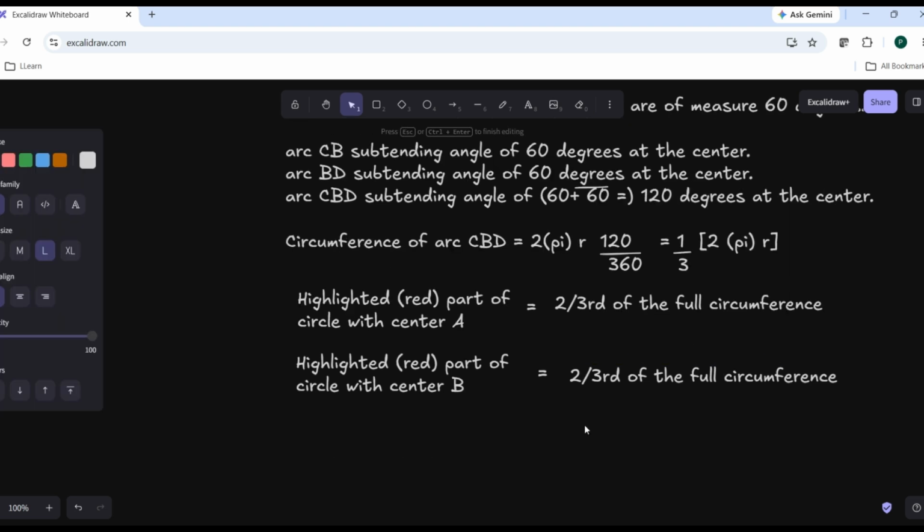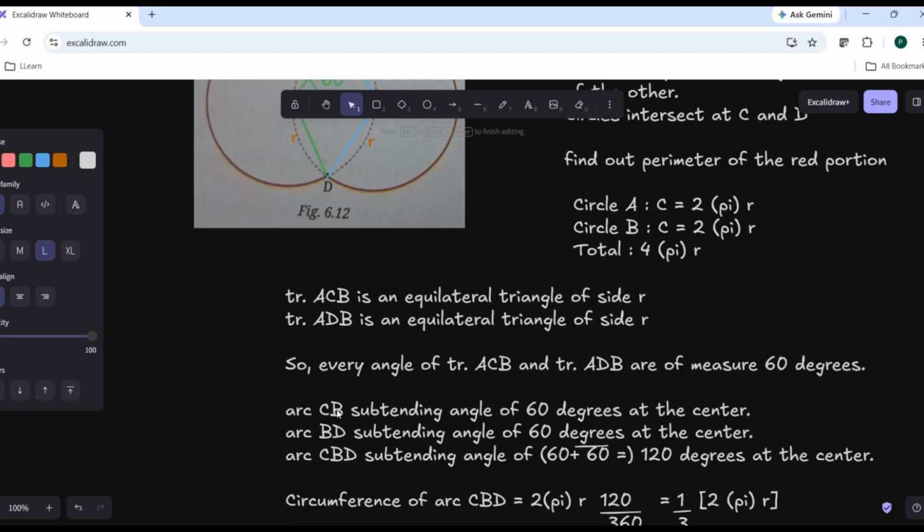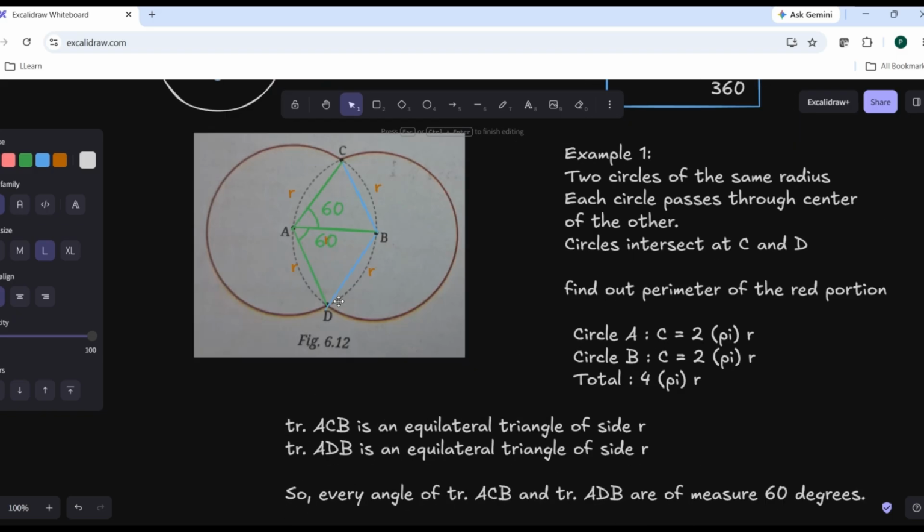So when we add the highlighted portion of the circle with center A and the highlighted portion of the circle with center B, what do we get?